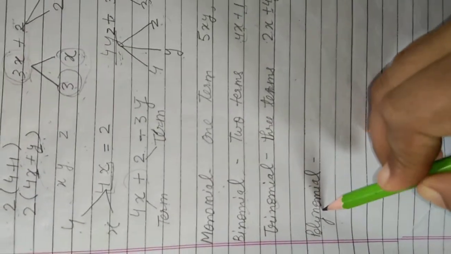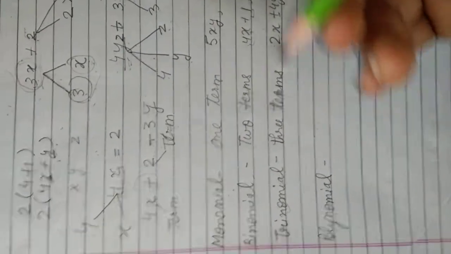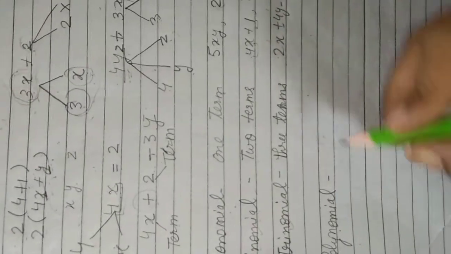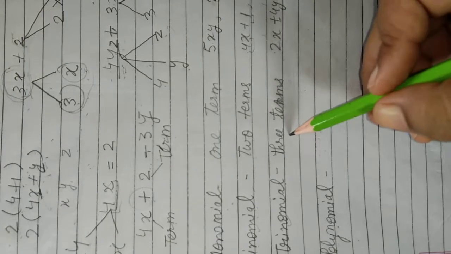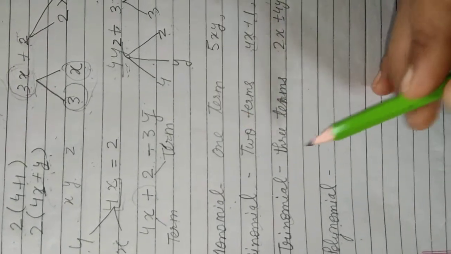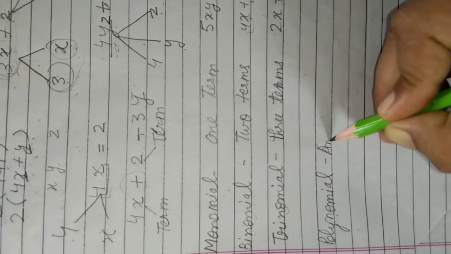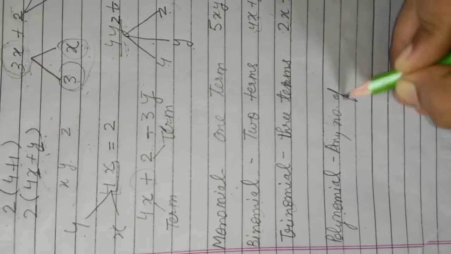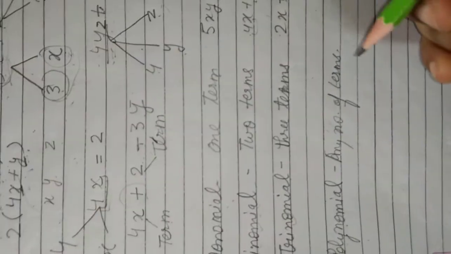So in a polynomial, the number of terms can be 1, 2, 3, 4 and more than 4. You can write here any number of terms. It could be 1, 2, 3, 4 and so on.